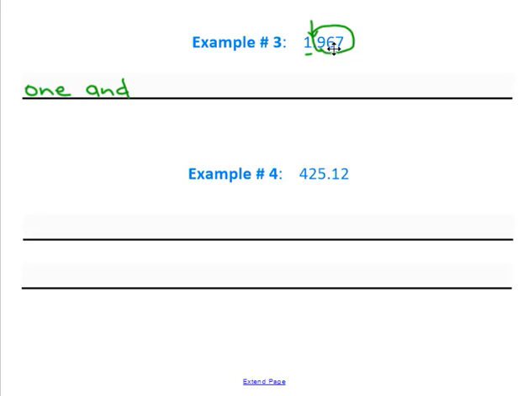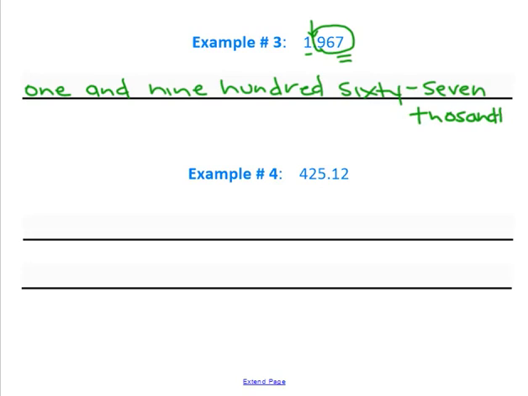So that's 967. Now watch. 60 hyphen 7. Now what's the place value at the end? Tenths, hundredths, thousandths, with my THS at the end.